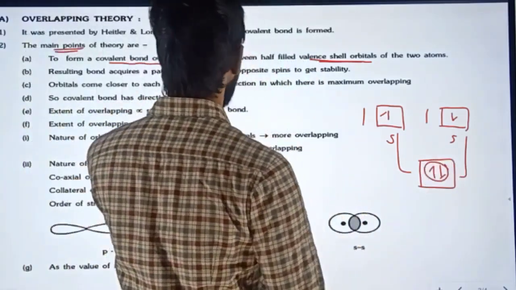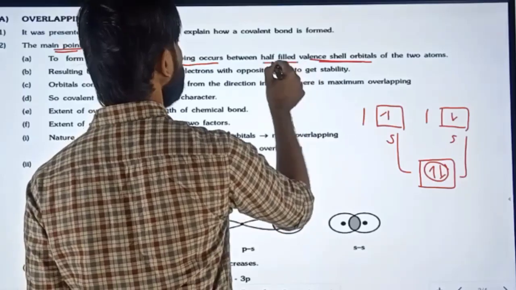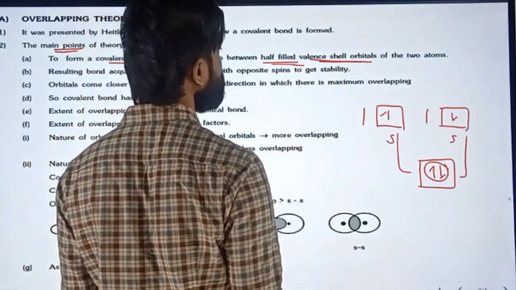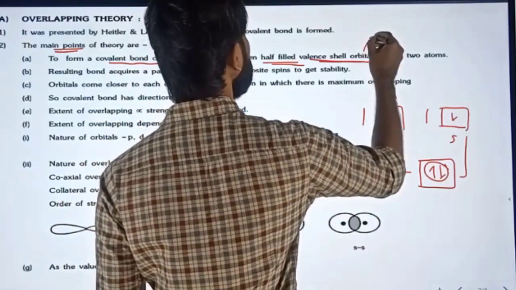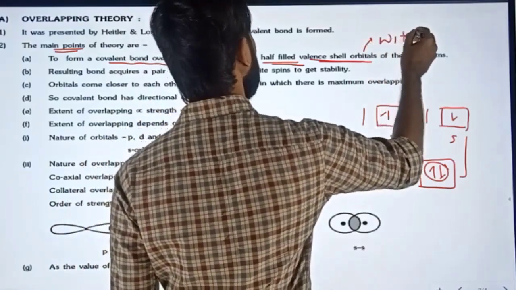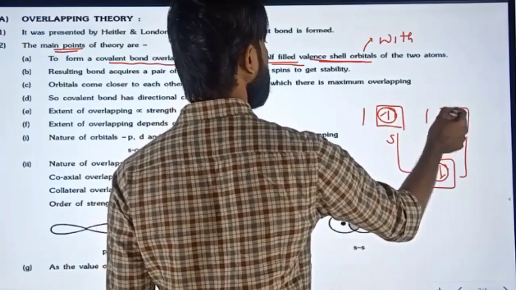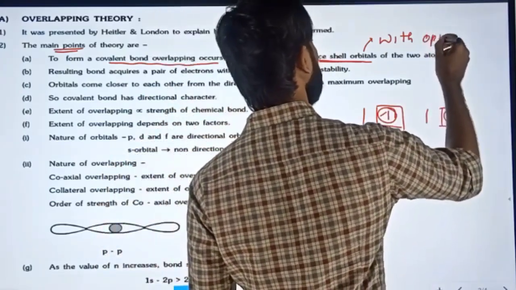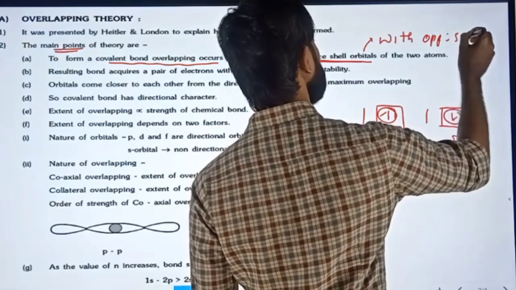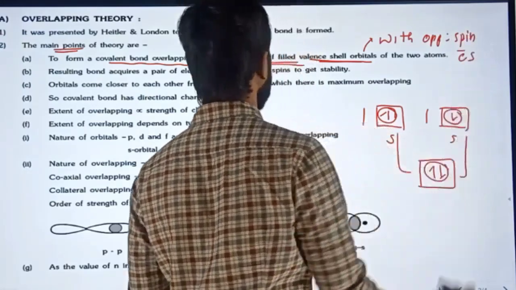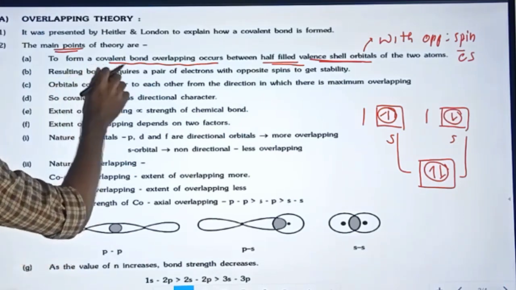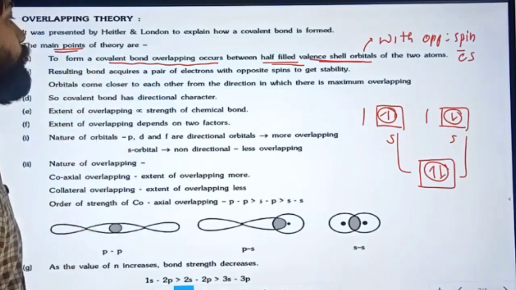Overlapping occurs between half-filled valence shell orbitals where the electrons should be of opposite spin. So that's the second point.